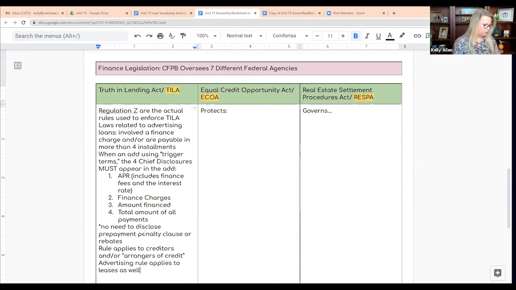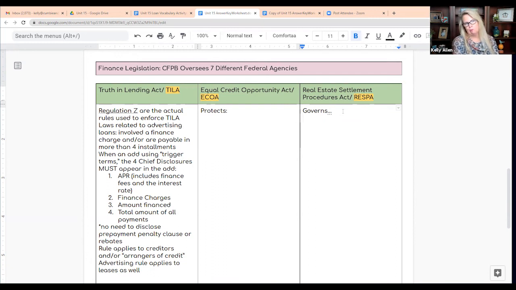Let's go over to the Real Estate Settlement Procedures Act. Actually, not a lot about that here. It's going to show up more in Unit 21, so keep this for Unit 21. But the Real Estate Settlement Procedures Act is really about transparency.